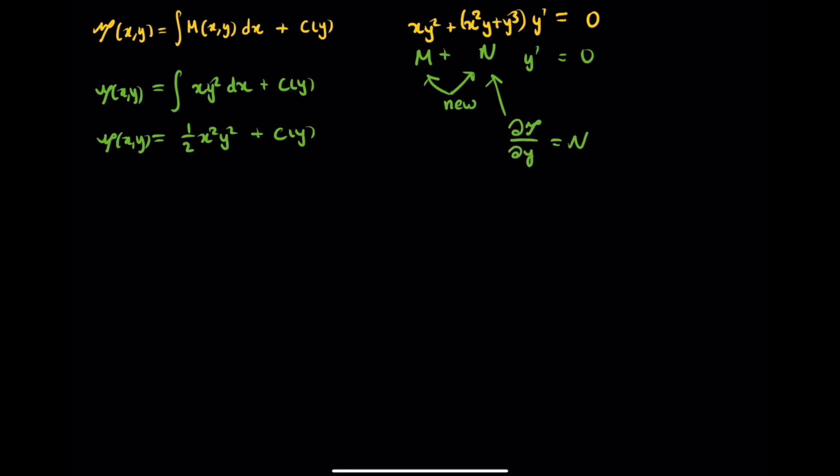So we can do the same, and we have to solve for c(y), right? So solve for c(y), right? So how do we solve for c(y)? We equate N with the partial derivative of psi with respect to y.